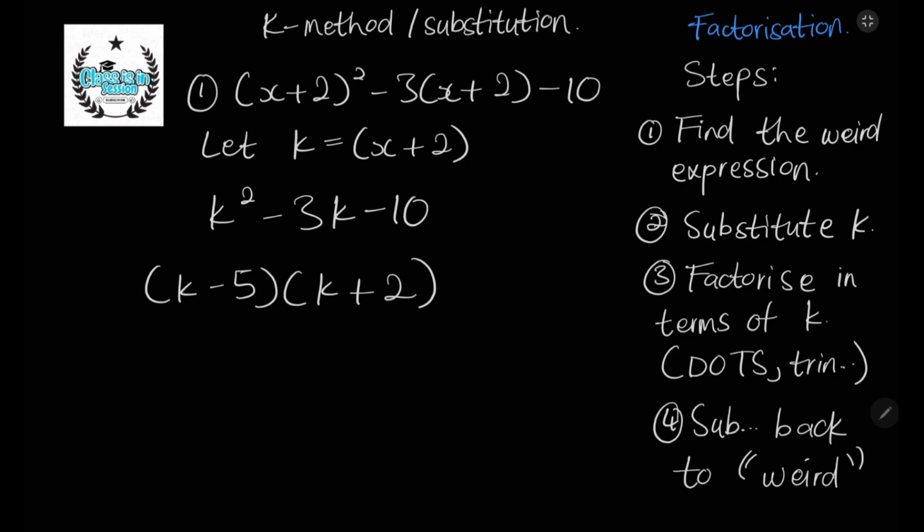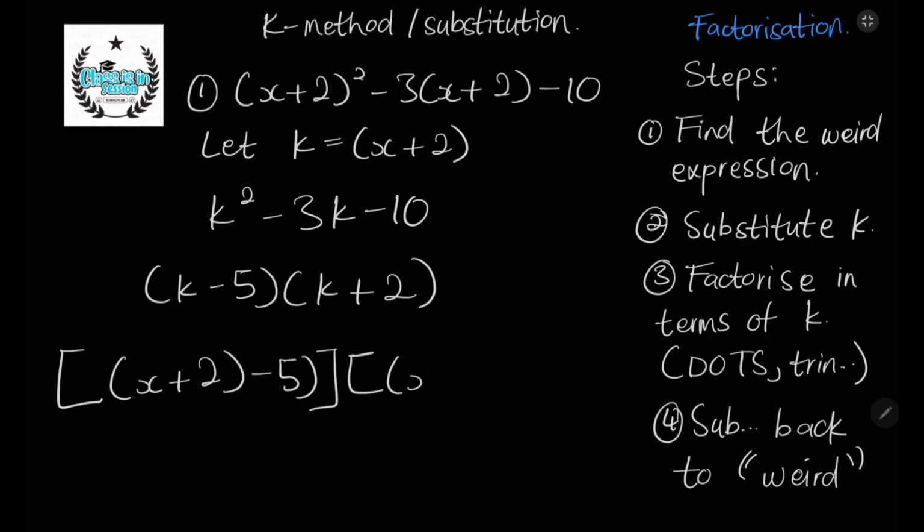Remember, k is x + 2. So let's open a square bracket. Where we see k, it should be (x + 2) minus 5. Close the bracket, open another bracket. Where we see k, we should have x + 2. What are we left with? Plus 2. Close the bracket.